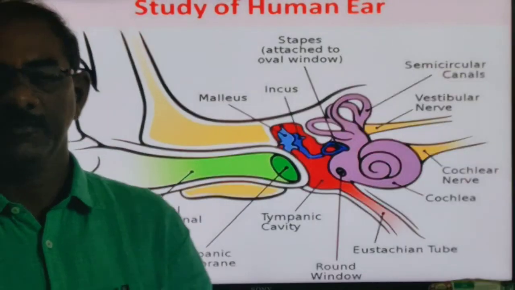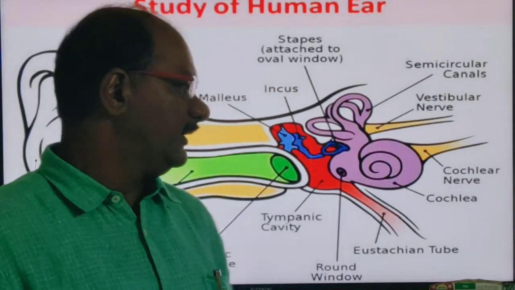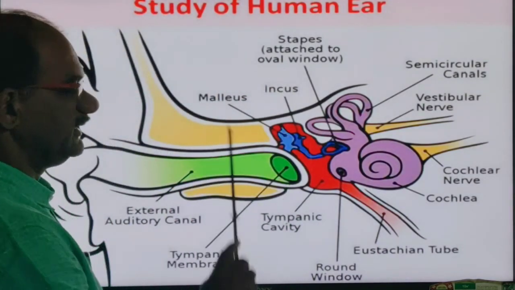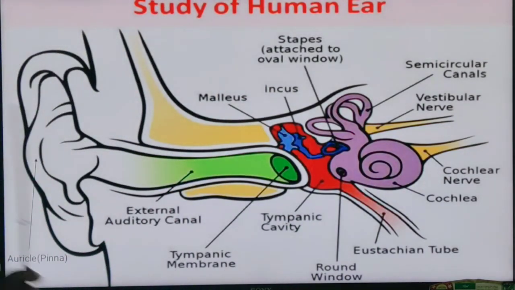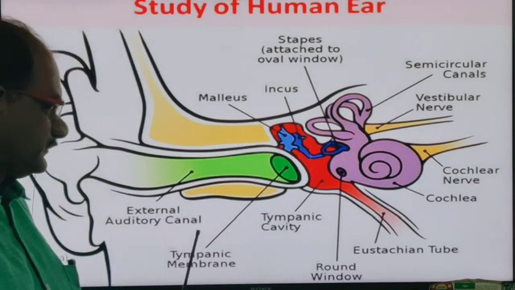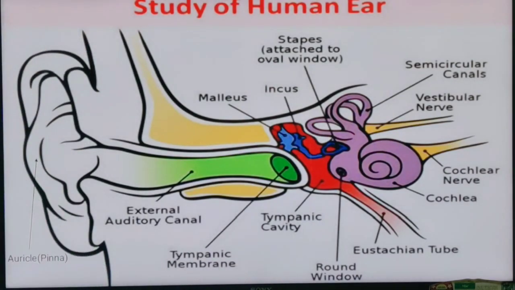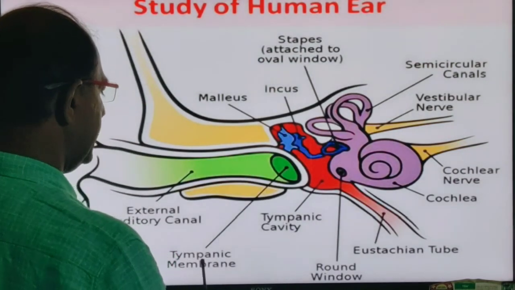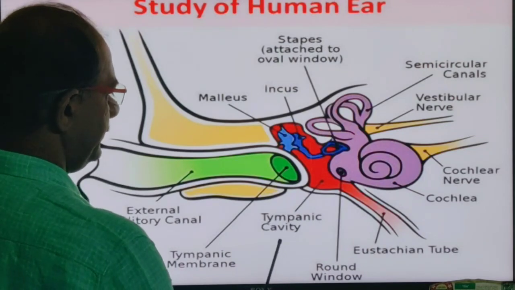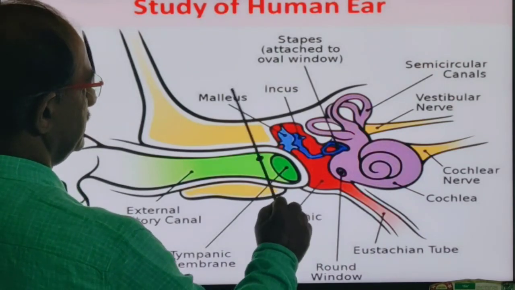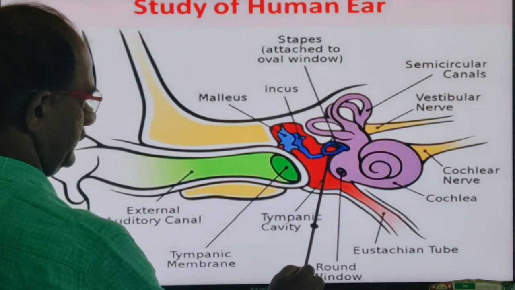So this is the part of the external ear. Then from that region, the middle ear starts. This middle ear consists of the tympanic membrane, tympanic cavity and ear ossicles. Tympanic membrane, tympanic cavity and ear ossicles: this is 1, 2 and 3.